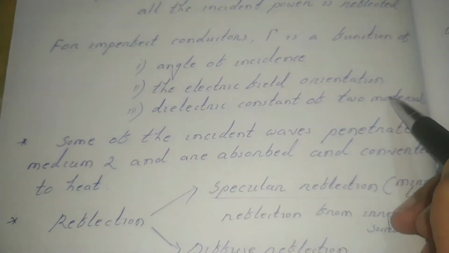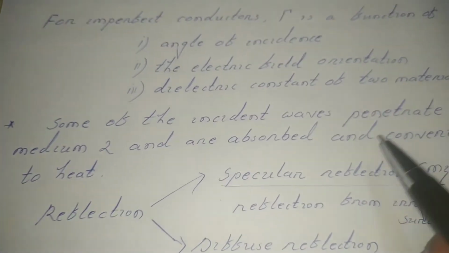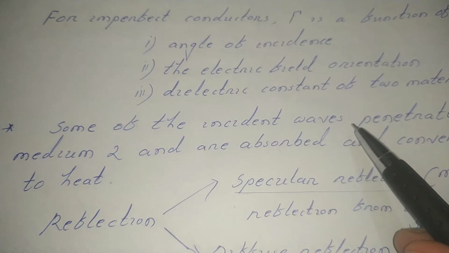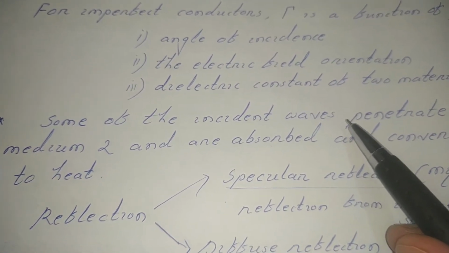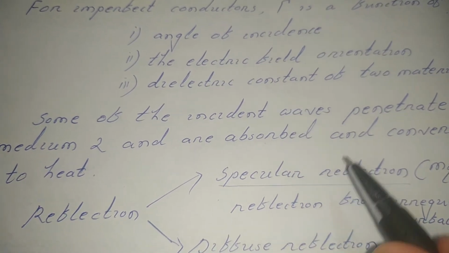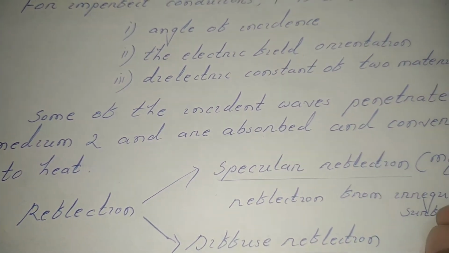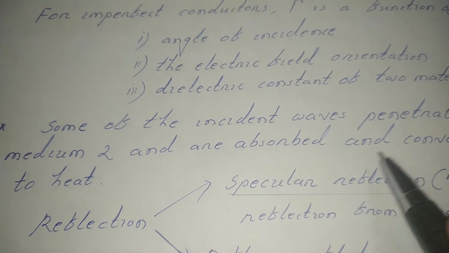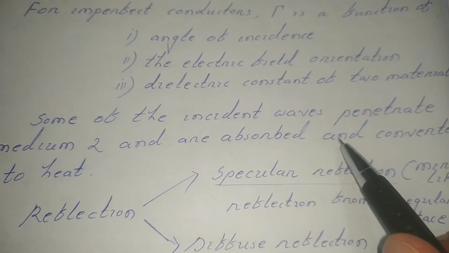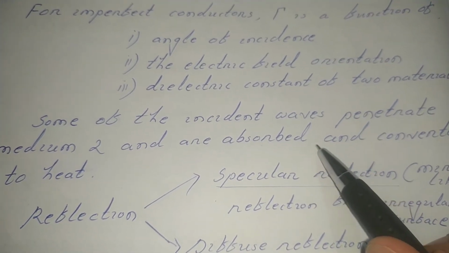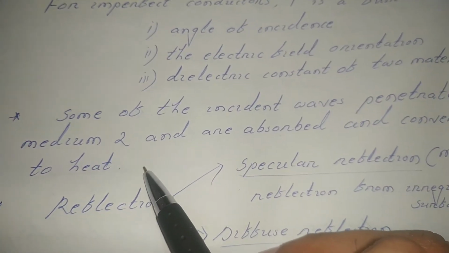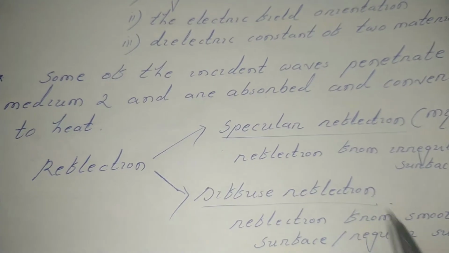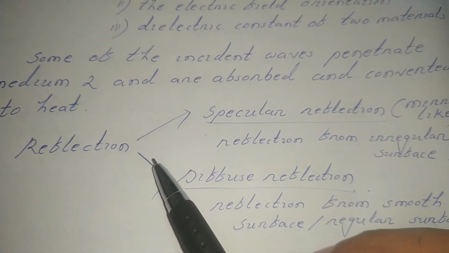Next thing is that I have already told you, in case of reflection it may be possible that some of the incident wave may pass to medium 2. And if it is the case, then those rays are absorbed and that will be converted to heat energy.